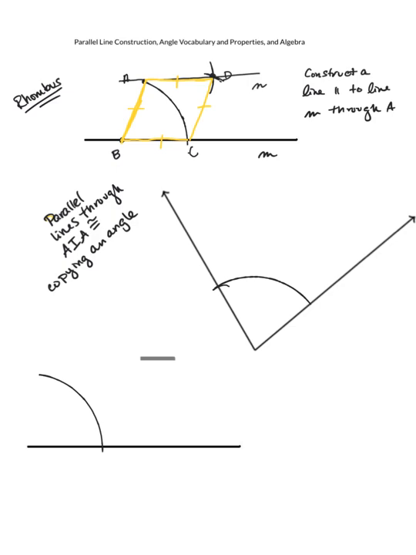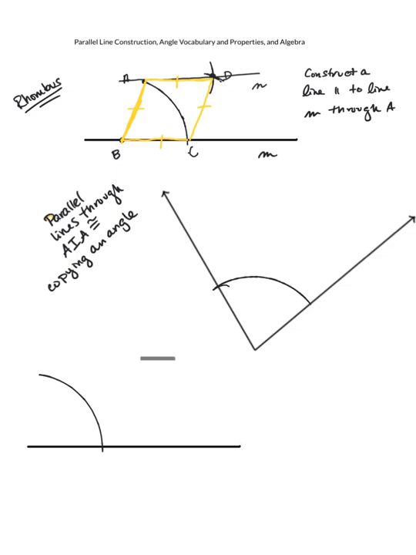Okay, so then what you do is you go to the original angle, and you can go to either of the intersection points on either of the rays of the angle. It doesn't matter which one. So you're going to put the center of your compass on the one end.